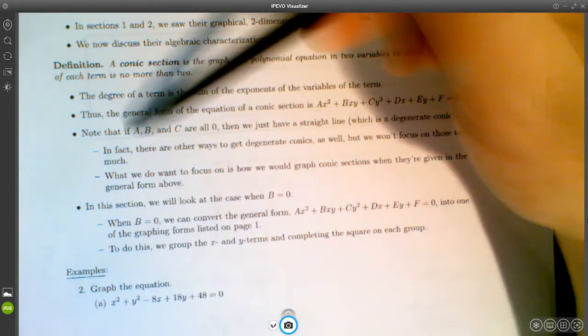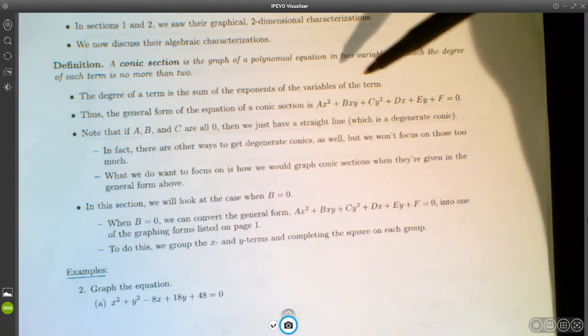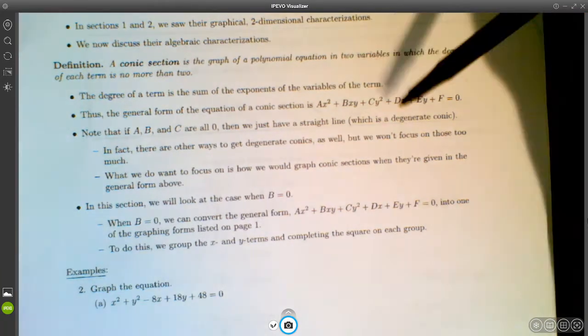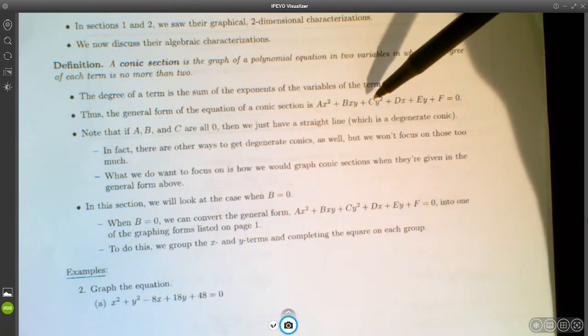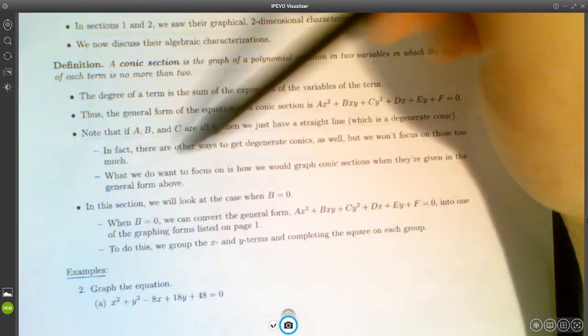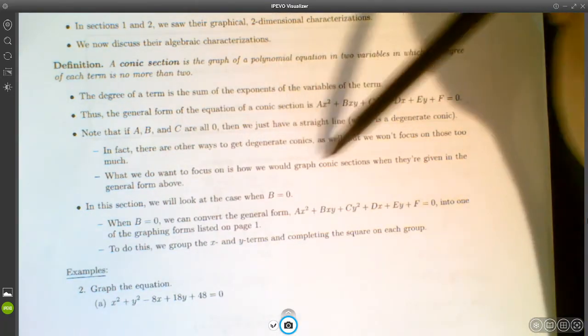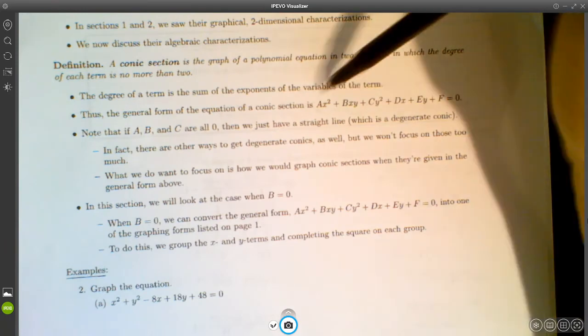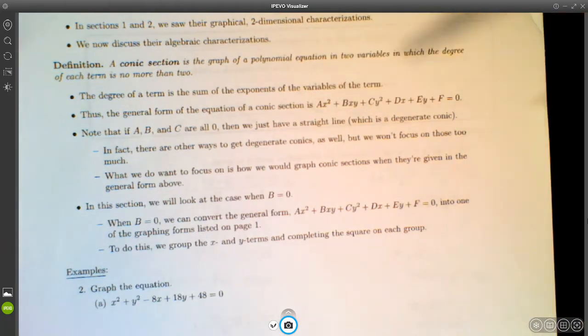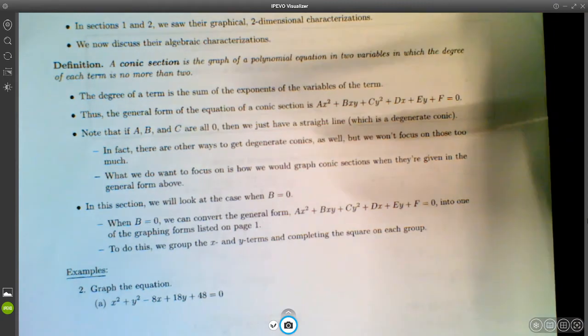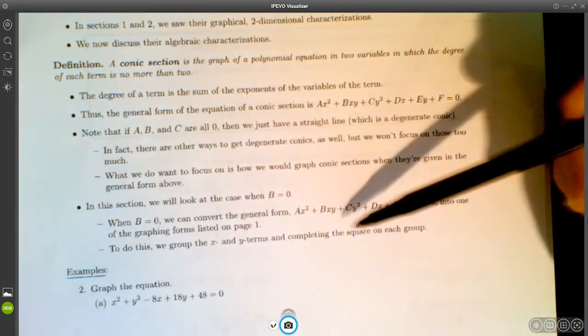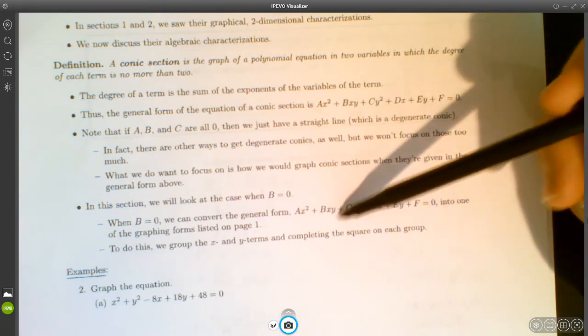If all of these values are equal to 0, then you just get a single point. That's another kind of degenerate conic. There are other ways to get degenerate conics, but we won't focus on those too much. I'm not interested in how you get lines and points out of this. What I'm interested in are the actual conic sections themselves. So what we do want to focus on is how we would graph a conic section if it's given to us in this format instead of in its nice graphing form. In this section, we're going to look at the case when b equals 0, so when this xy term is missing.